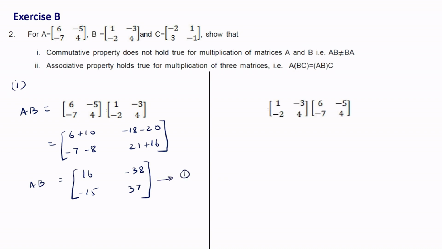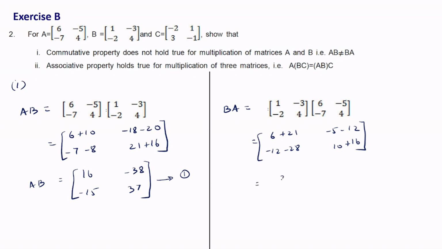And now let us find BA. BA, it is this matrix B into matrix A. So it is the product of 1, minus 3, minus 2, 4 and 6, minus 5, minus 7, 4. Now let us multiply first row first column. So it is 6 plus 21, minus 5 minus 12, minus 12 minus 28, then 10 plus 16.